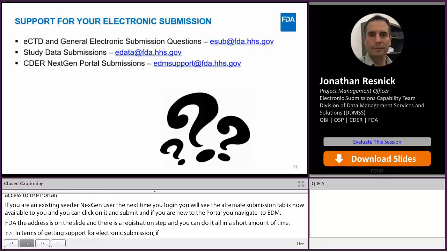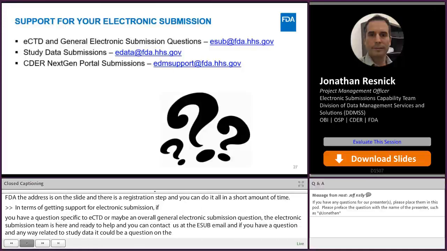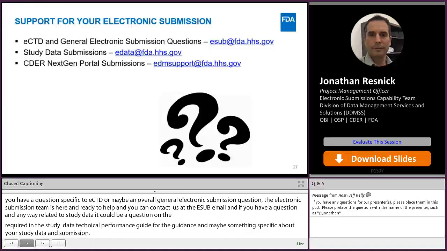If you have a question in any way related to study data, so it could be a question on the technical rejection criteria for study data, that study data technical conformance guide, the study data guidance, maybe something specific about your study data in your submission, you can ask the eData team. They're set up to help you here. And then finally, if you have questions about this CDER NextGen portal that I just talked about, you can definitely contact the support team at the email address up here, and they're standing by and happy to help you.